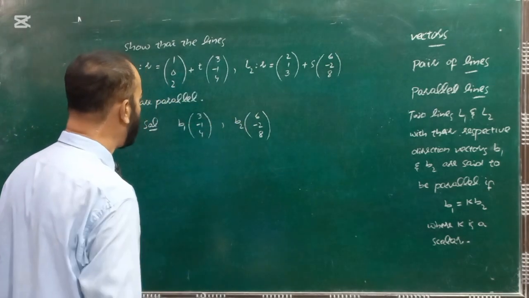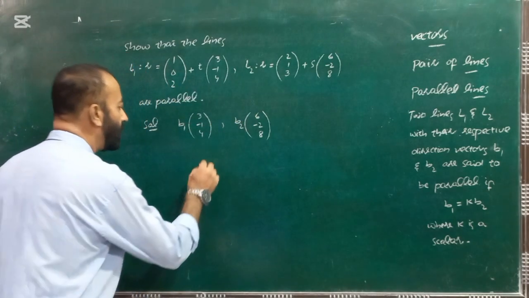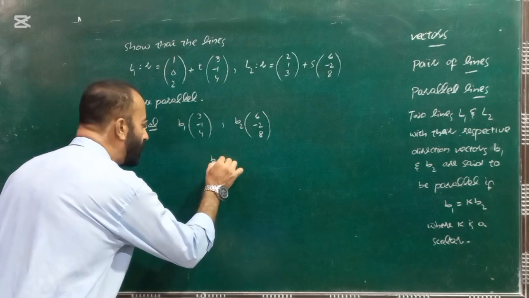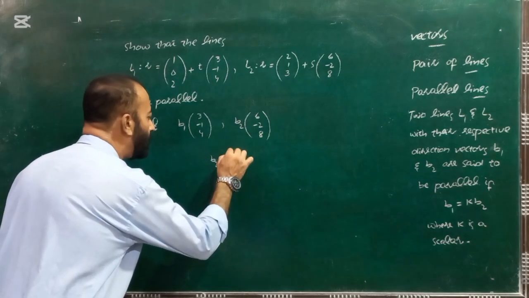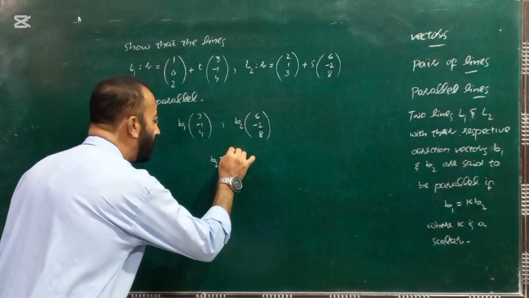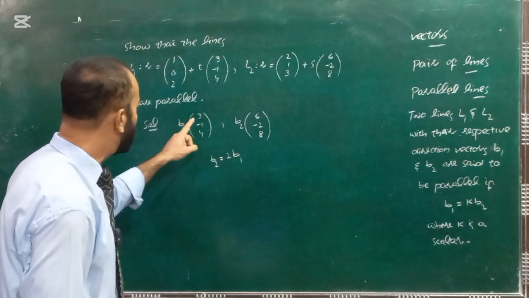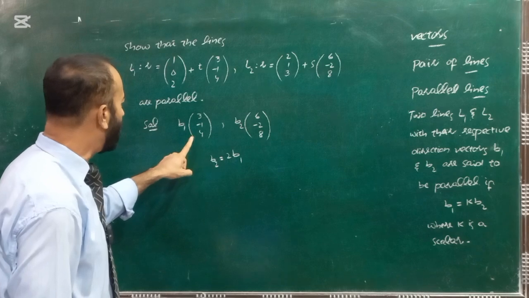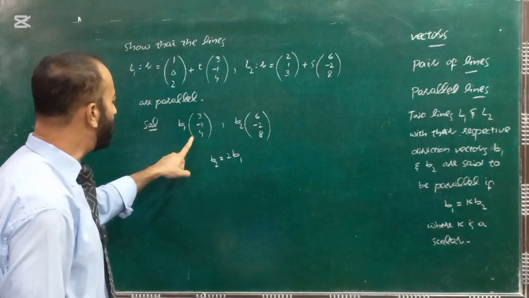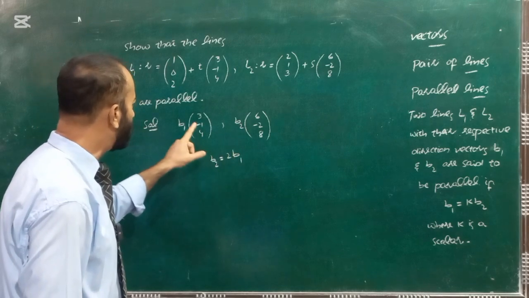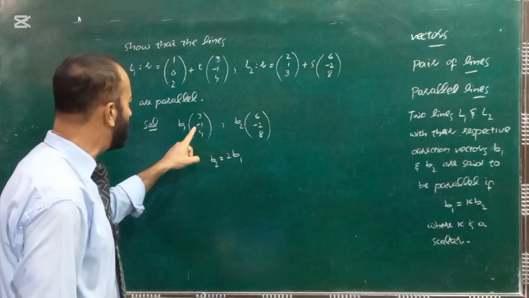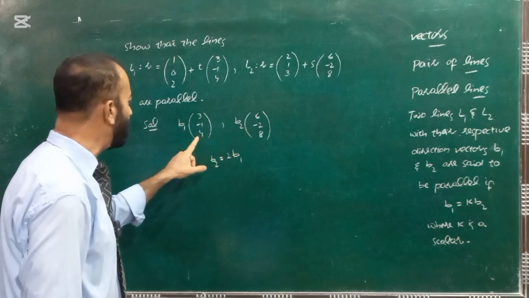And if you can see from here, it is clearly seen that B2 is equal to 2 times B1. Because if we multiply this direction vector with 2, it will become B2. So look now, 2 times 3 is 6, 2 times minus 1 is minus 2, and 2 times 4 is 8.